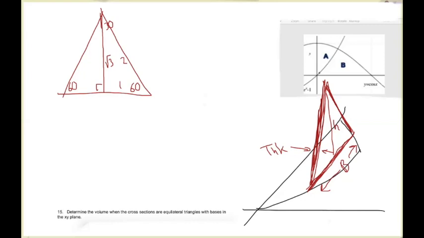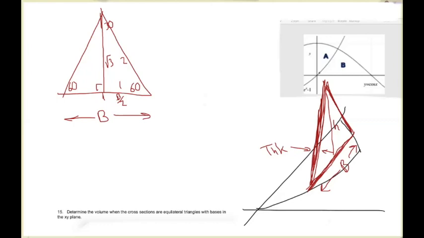All right. So let's see here. If this is my base, this distance right here is going to be the base over 2. So I'm going to set up a proportion. Let me rewrite here a little bit.